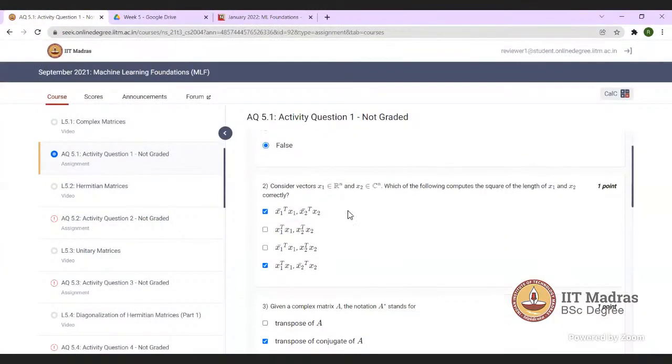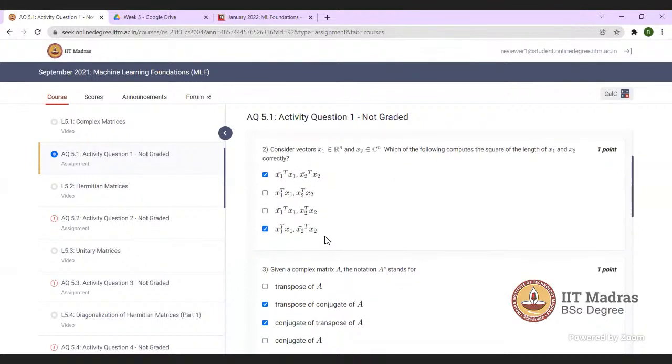Okay. So if you consider vectors, x1 is a real vector, and x2 is a complex vector. The n there shows the dimension of the vector, which computes the square of the length of x1 and x2. Basically, we're trying to get the square of the magnitude of x1 and x2.